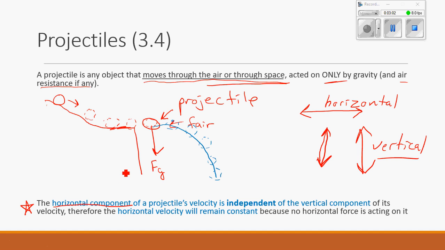Okay, so it says the horizontal component of a projectile's velocity is independent of the vertical component. This is really important to understand what's happening mathematically. In other words, it doesn't matter what's happening in the horizontal, it's completely unaffected by the vertical, which is kind of a big misconception that kids usually have with this.